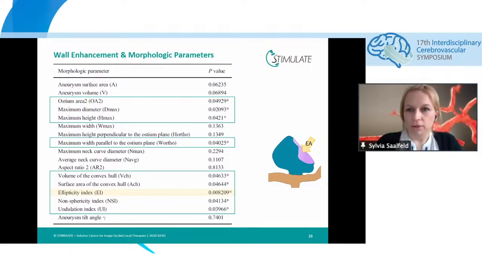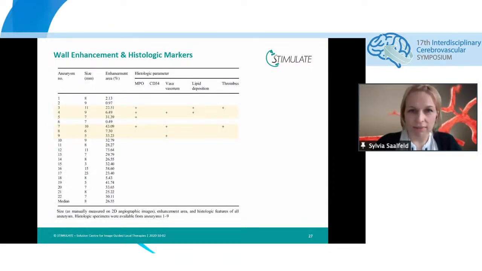We also had a histologic evaluation, but for the histologic evaluation, we had the problem that there were aneurysms which were not treated at all, and only for 9 aneurysms a neurosurgical clipping was conducted due to medical reasons. And for this subset, there were only 6 patients where at least one histologic parameter associated with rupture risk was present.